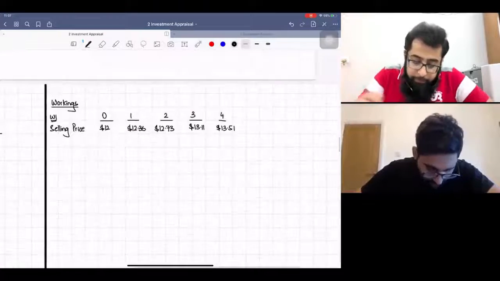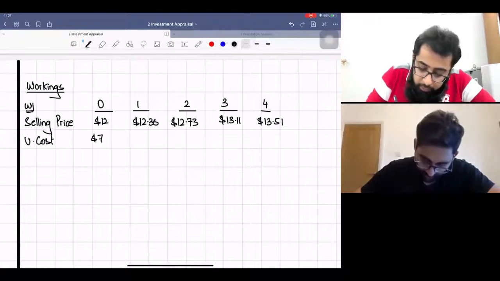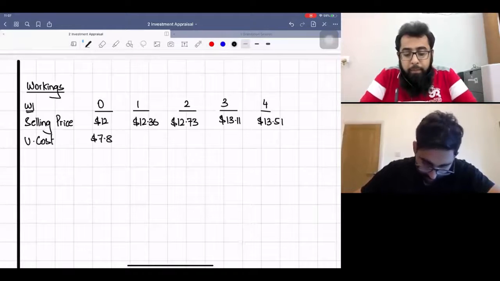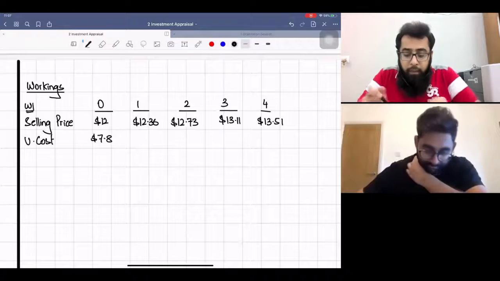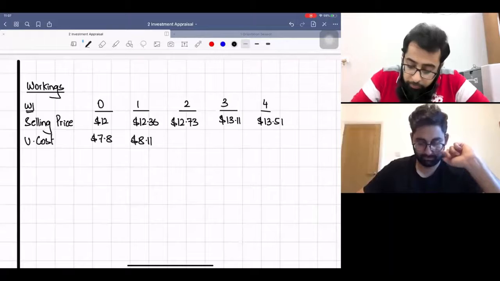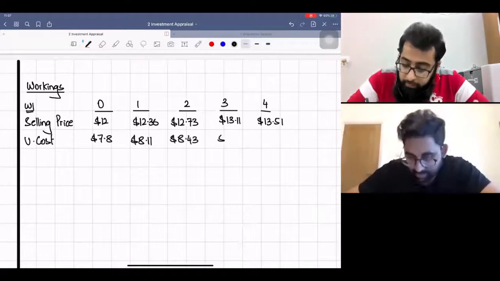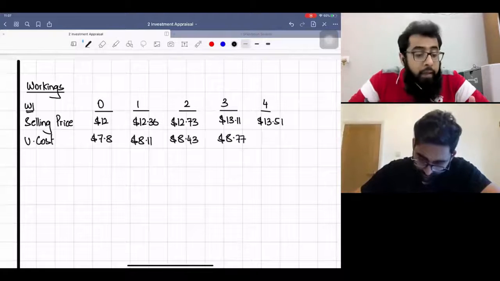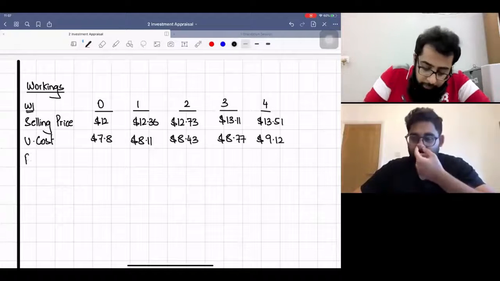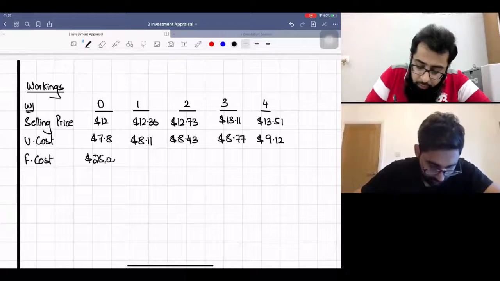So variable cost $7.8, if you inflate it by 4% per year: 8.11, 8.43, 8.77, and 9.12.